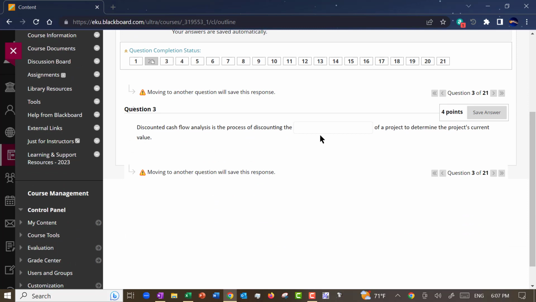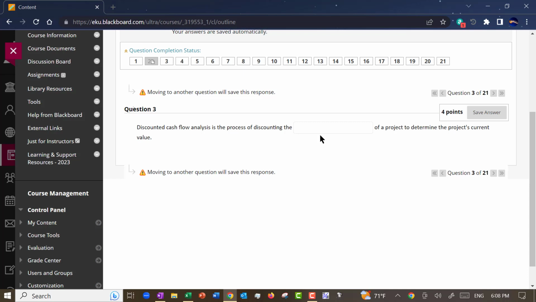Discounting cash flow analysis is the process of discounting what of a project. That should not be that difficult. What are we discounting? No, cost is right now anyway.